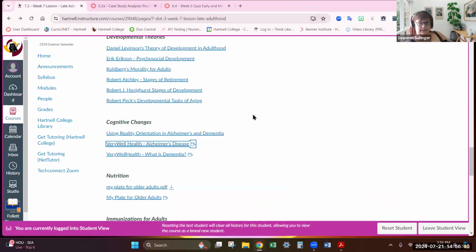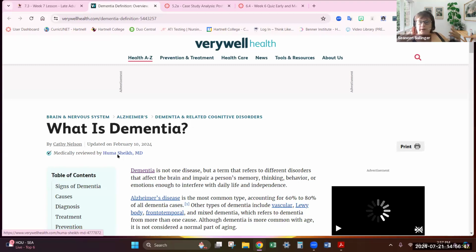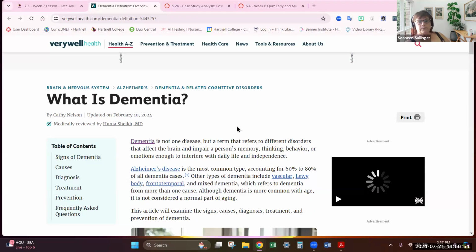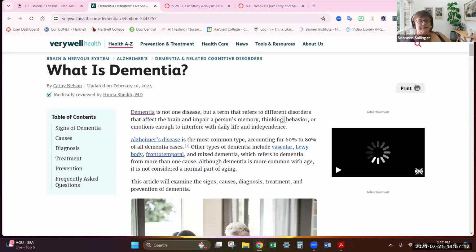And so that's Alzheimer's. And then dementia. This way you guys can look, whatever speaks to you that you want to learn about. If you want to look more at dementia, Alzheimer's, some of the other types of dementias, frontotemporal, Lewy body, vascular, all different types. Dementia refers to different disorders that affect the brain and affect cognition, memory, sometimes personality, depending on which part of the brain is being destroyed.